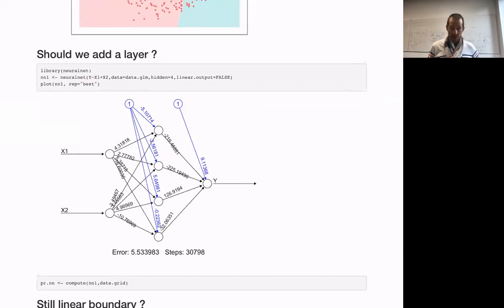Hidden 4 means that I have one hidden layer with 4 neurons. What I like is this nice function that lets us plot the neural network, so you can really understand where the weights and the biases are and how many parameters you have to estimate.